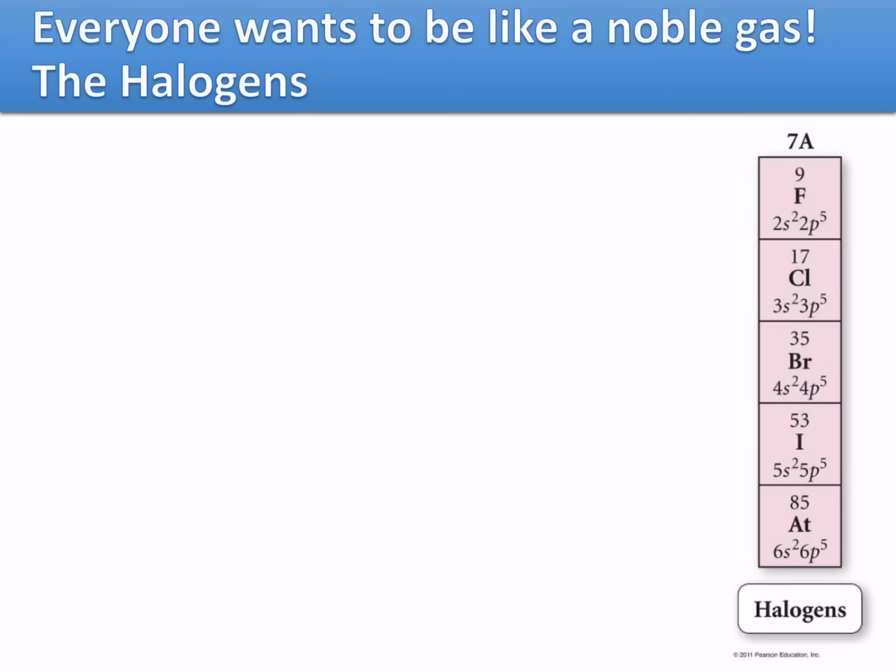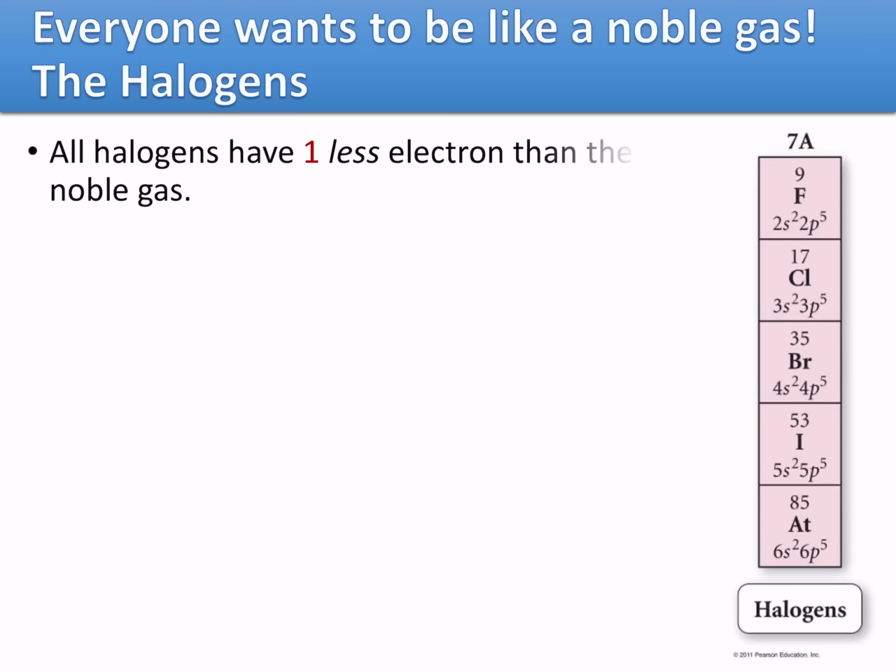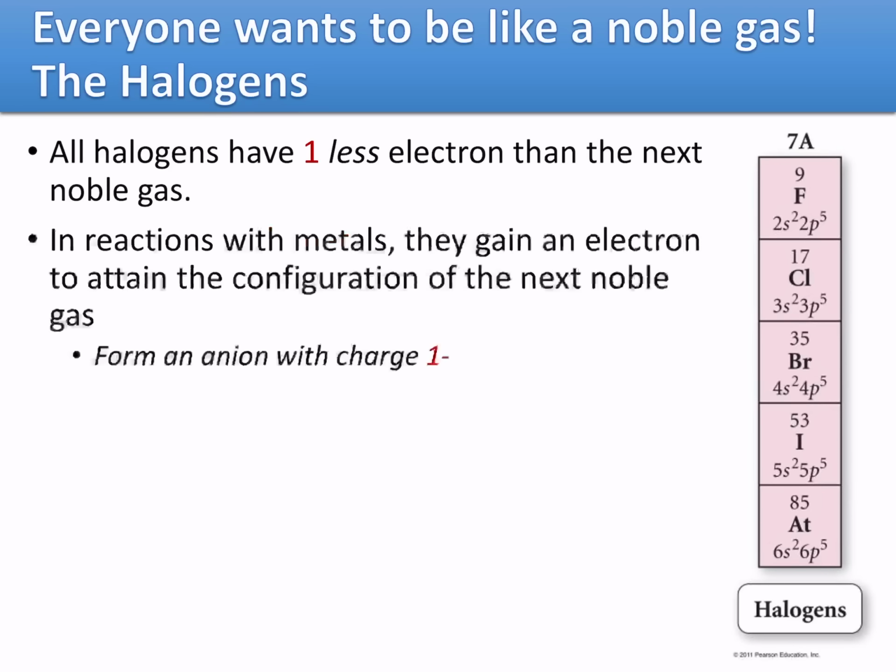On the other hand, the halogens, they are just one electron away from the noble gas configuration. All they have to do is to gain one electron. That's why halogens always want to work with 1-. Okay, gaining that extra electron puts them in the configuration of the next noble gas. That's why they want that extra electron so badly.